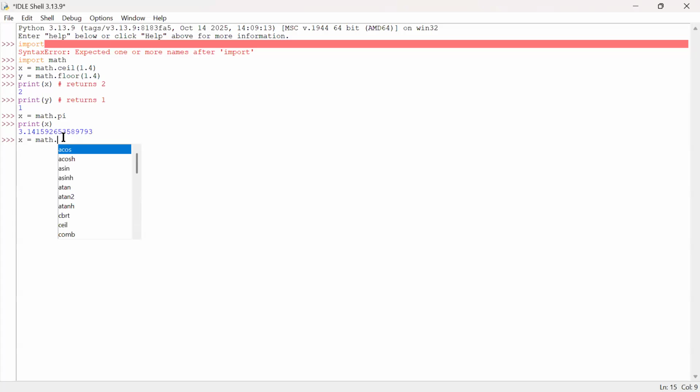So we have acos, asin. That A in front of the cos is actually arc, the opposite, the arc function of cosine. All those ones, you may not need them. They are specialized functions that maybe people who are into engineering may really need.